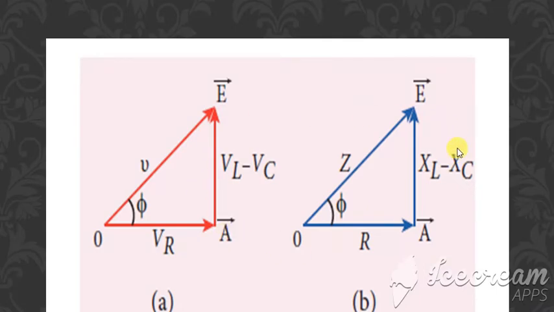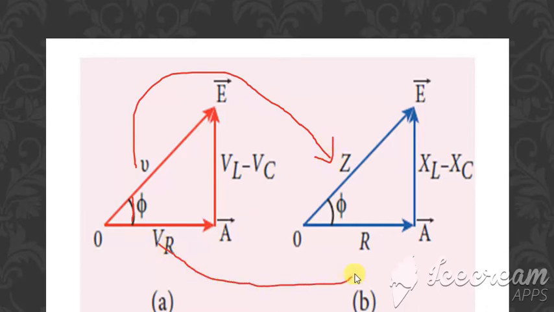So this is a diagram which we are drawing separately. As I've told you, this is the angle. Here we have VL minus VC, this side we have V, and here we have VR. This V is represented as Z, VR we write as R, and VL minus VC we write as XL minus XC.